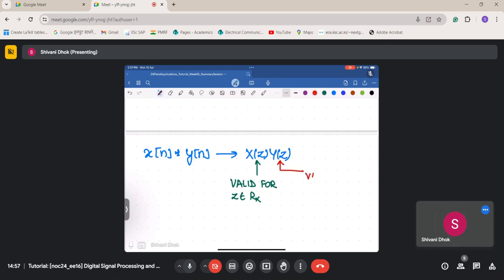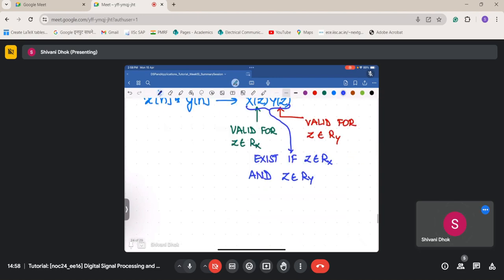This is valid for all z belonging to Ry, which means that this entire thing will exist if z belongs to Rx and z belongs to Ry, which means that z should belong to Rx intersection Ry.